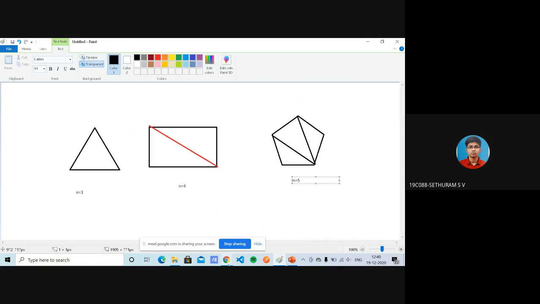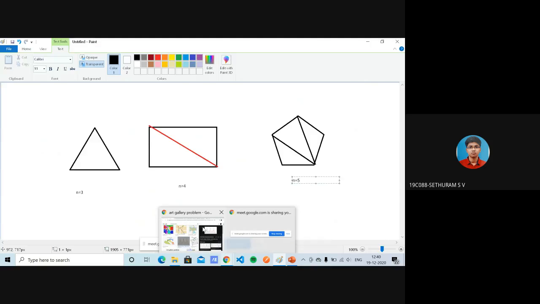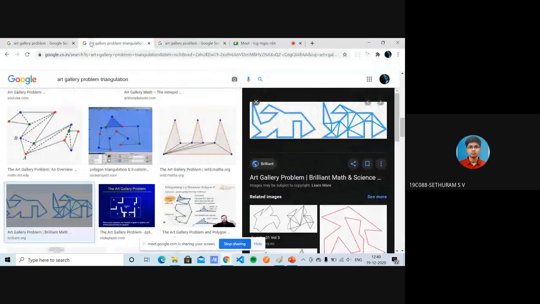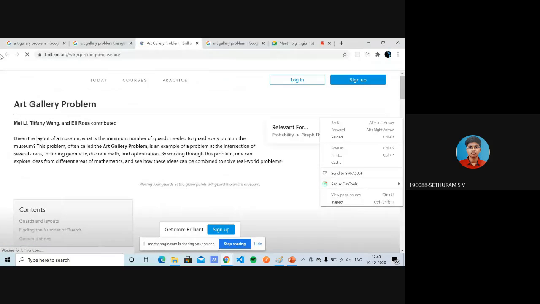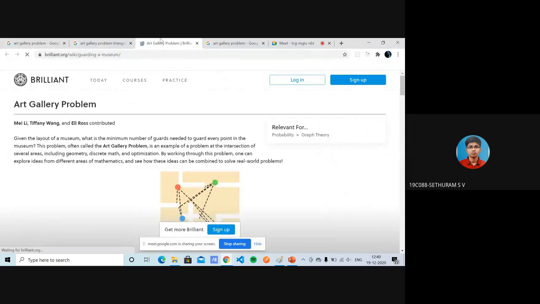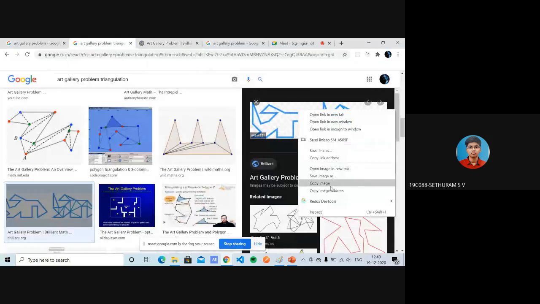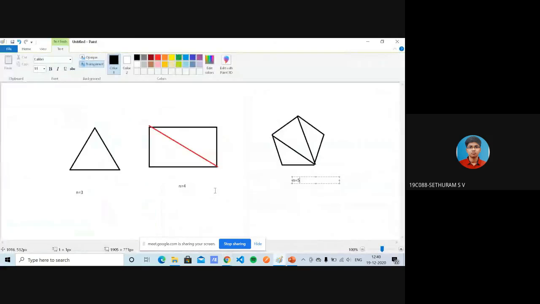So let me show a complex polygon which can be triangulated. Let's take this image.